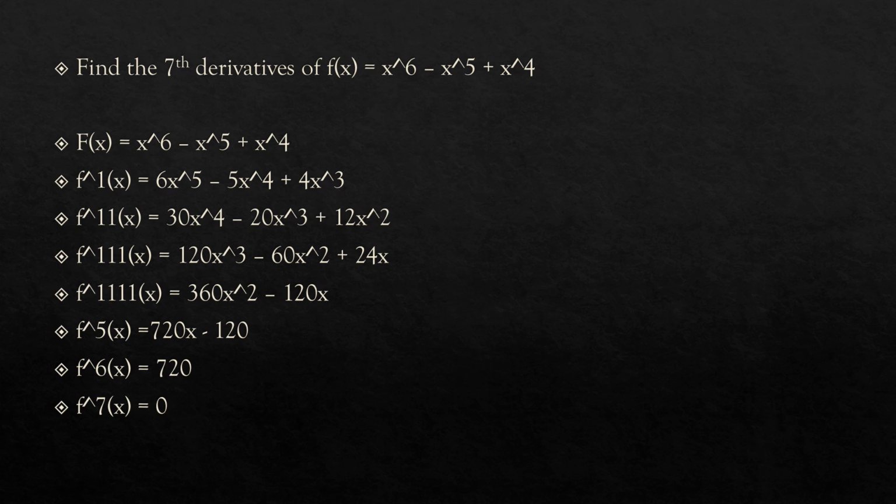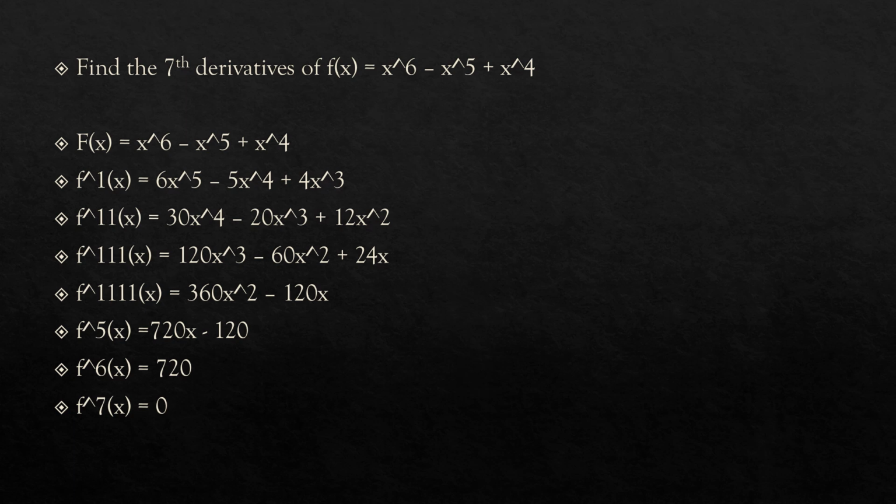Then 6 minus 1 is 5, minus 5x raised to 4, since 5 became our coefficient, and 5 minus 1 will be 4, plus 4x, 4 minus 1 will be 3.